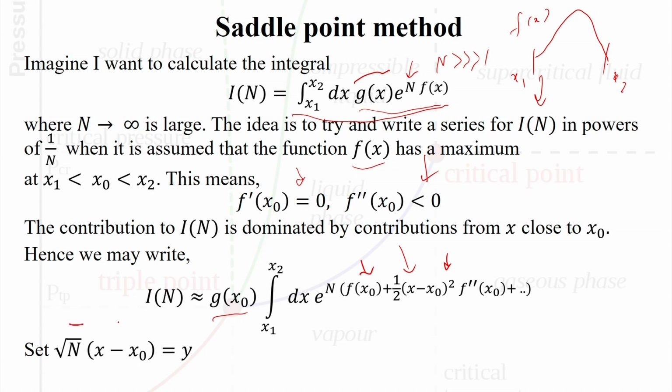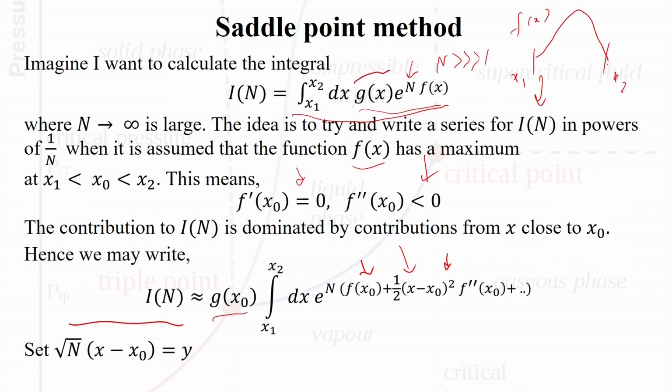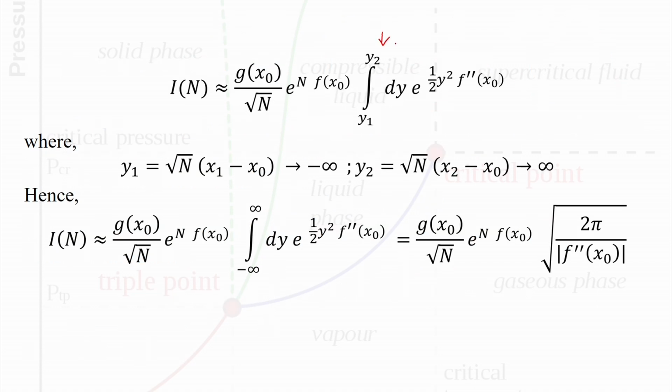I am going to set y to be this quantity because the exponent involves x minus x0. Then through the change of variables, I can do the integration over y instead of x, from y1 to y2, where y1 is this and y2 is this.